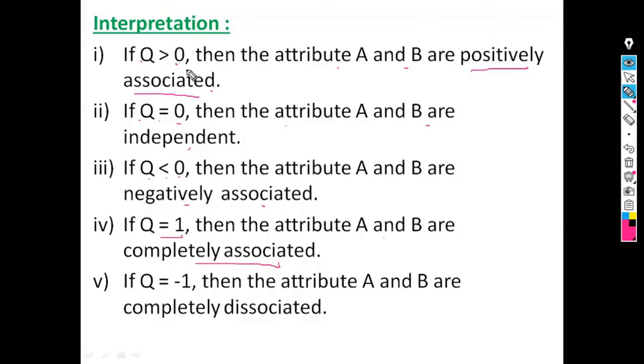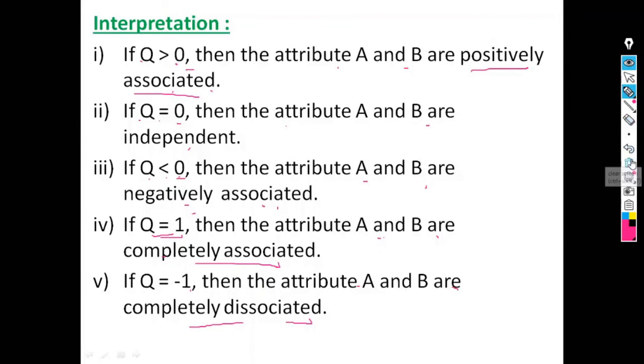Means if it is greater than 0, it is positively associated, and if Q of AB is exactly equal to 1, there is complete association between the two attributes A and B. If the value of Q of AB is exactly equal to -1, then attributes A and B are completely dissociated. Means if Q of AB is less than 0, there is negative association between attributes A and B, and if Q of AB is exactly equal to -1, the attributes A and B are completely dissociated.